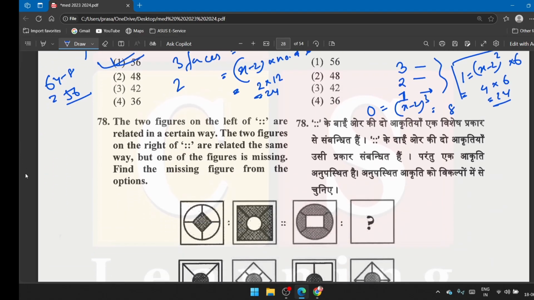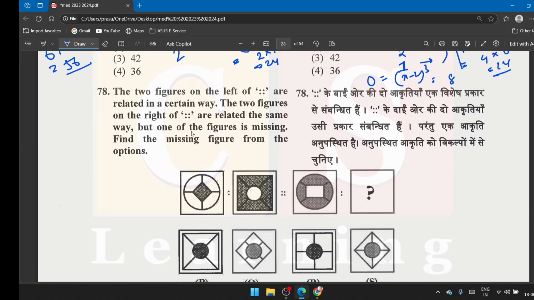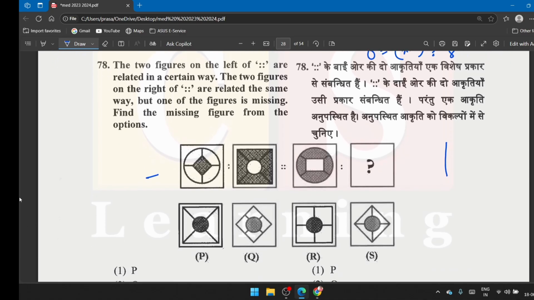Okay. Next, the two figures on the left, these are related in a certain way. The two figures on the right, okay. तो ये is related with this, ठीक है. ये चार ऑप्शन में से आपको ढूंढनी पड़ेगी कि कौन सा है. लेट्स सी. तो ये सर्कल है बाहर और सर्कल अंदर चला गया, और ये जो स्क्वायर टाइप का है, ये स्क्वायर टाइप थोड़ा सा रोटेट होकर बाहर आ गया, ठीक है. और ये देखिए एक चीज, ये डायगोनली ही आ गया है अंदर, ठीक है.